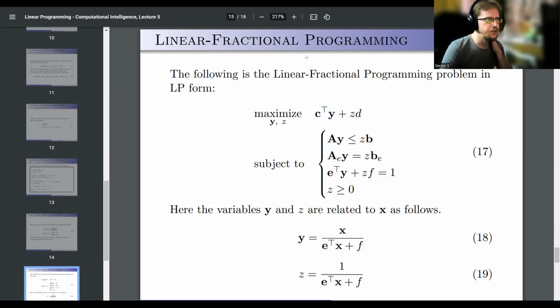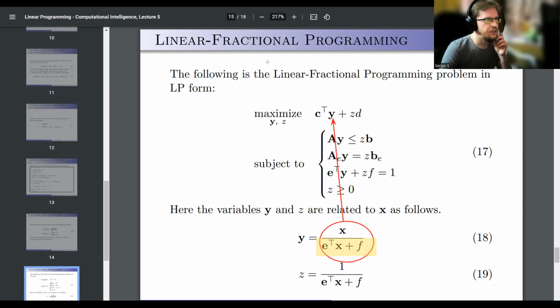When we substitute this guy into here, what we get is c times x divided by this denominator.